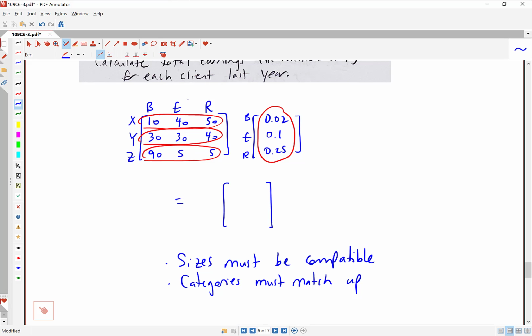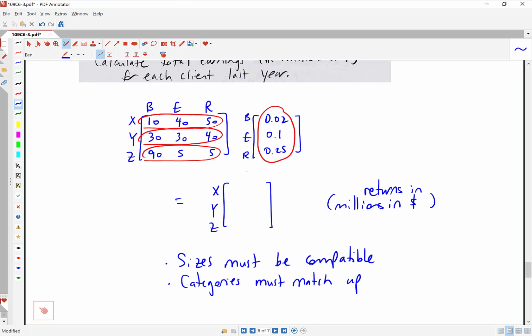Okay, so effectively by doing the dot product then, the bond category cancels out, the equity cancels out, the real estate cancels out, and all we're left with is these categories X, Y, Z, telling us in millions of dollars what these different clients' returns were. So we're calculating returns in millions of dollars.